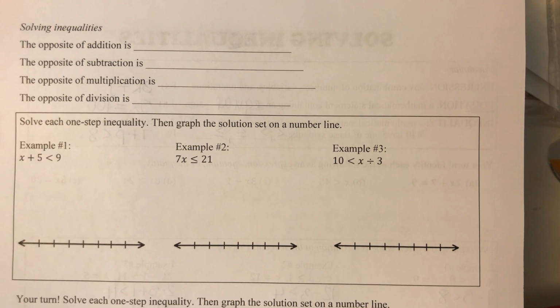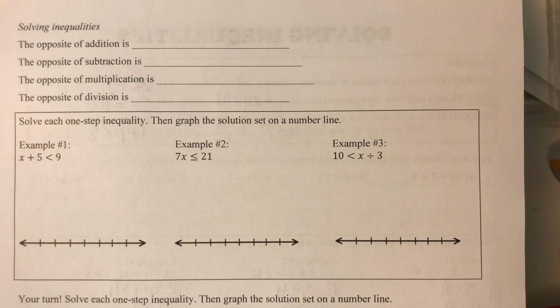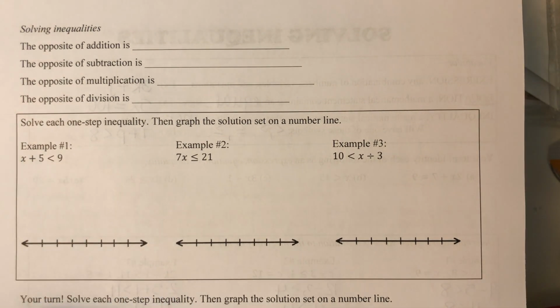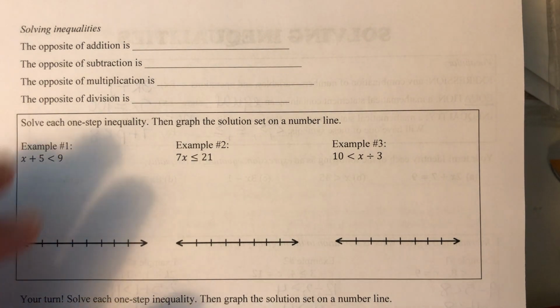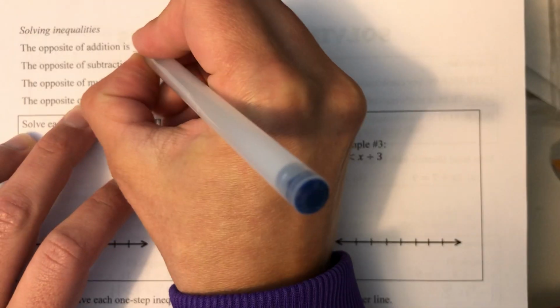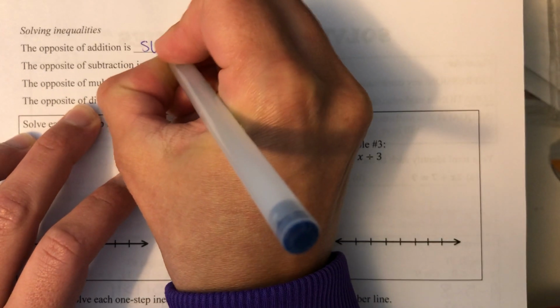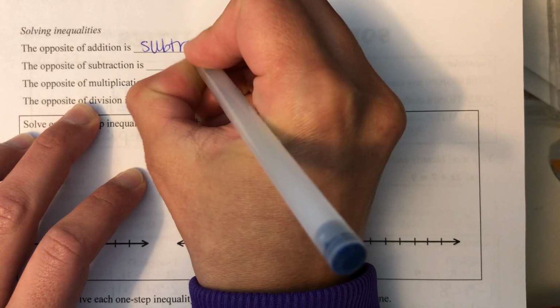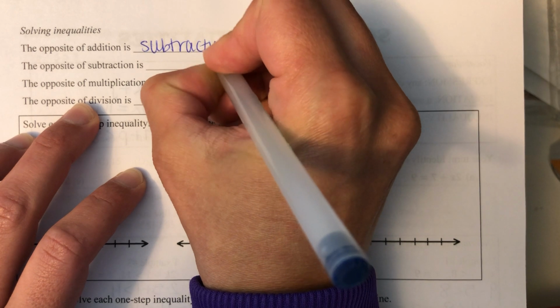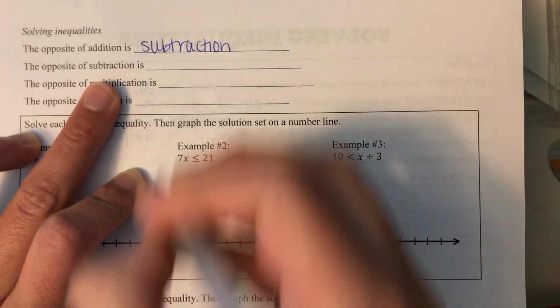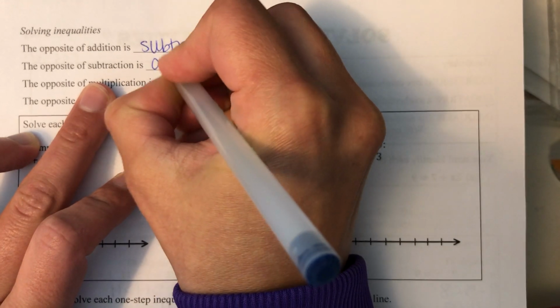Now we'll get into actually solving for unknown variables. So this is just like solving equations. We have to know the opposites. The opposite of addition is subtraction. Opposite of subtraction then is addition.